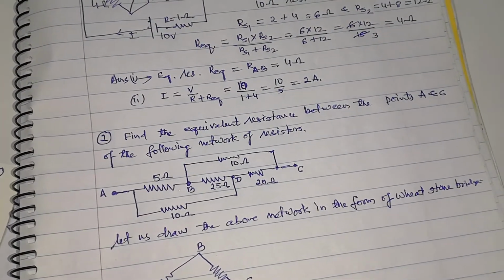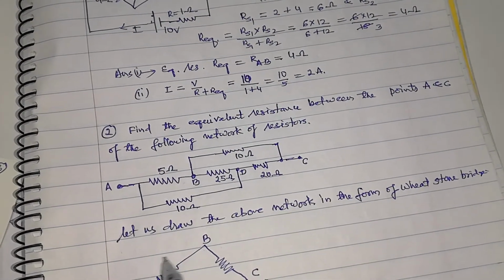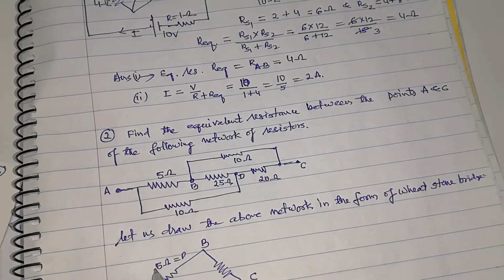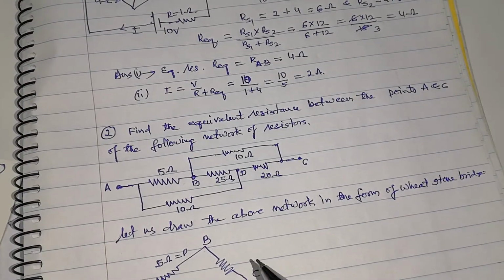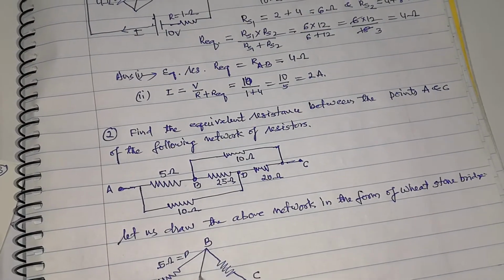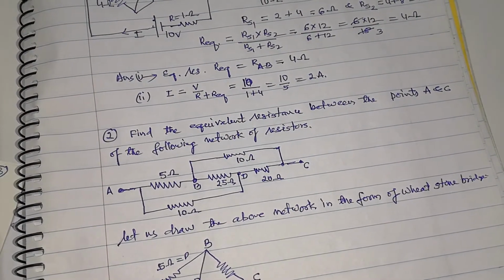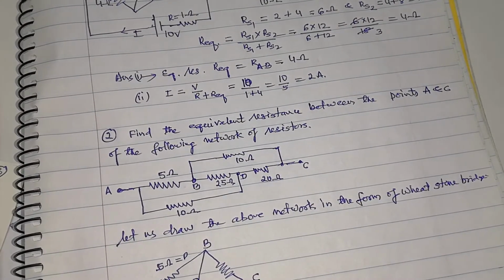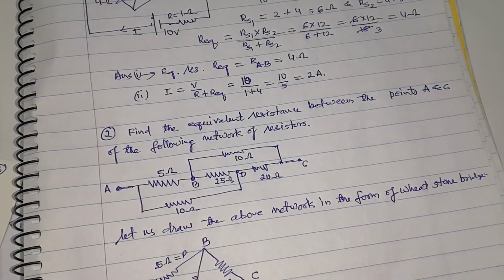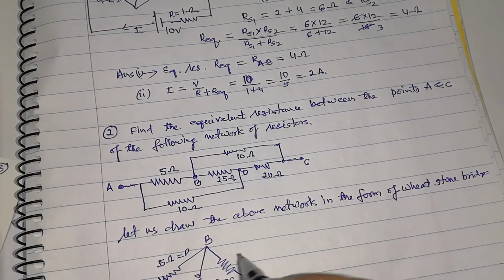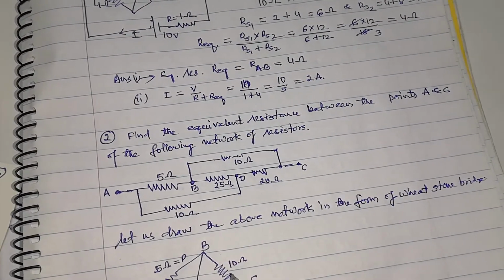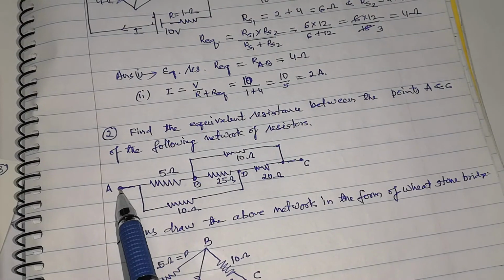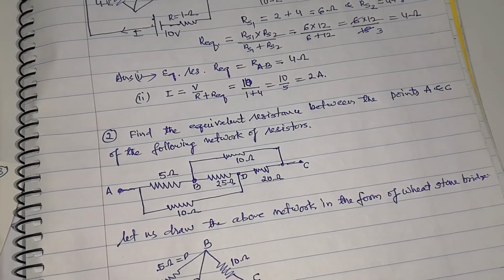Now we find that in between A and B, we have the 5 ohm resistance, which is like P. In between B and D, we have the resistance of 25 ohm, which is like the galvanometer resistance G. In between BC we have 10 ohm, then in between AD, 10 ohm.